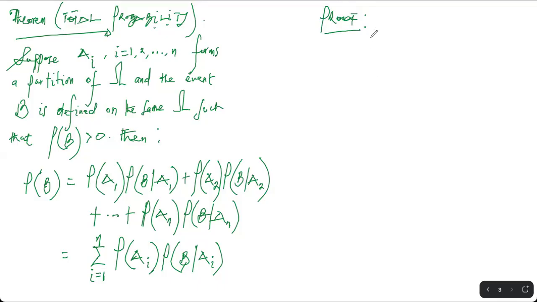So you recall, I think it should be the general multiplicative law.